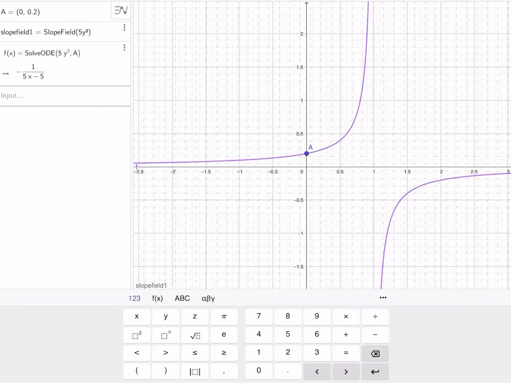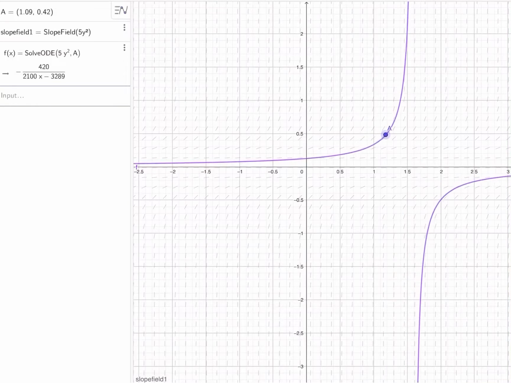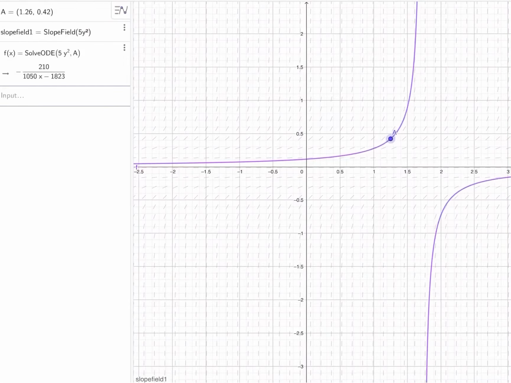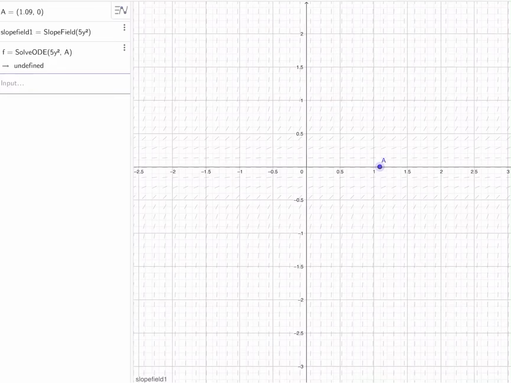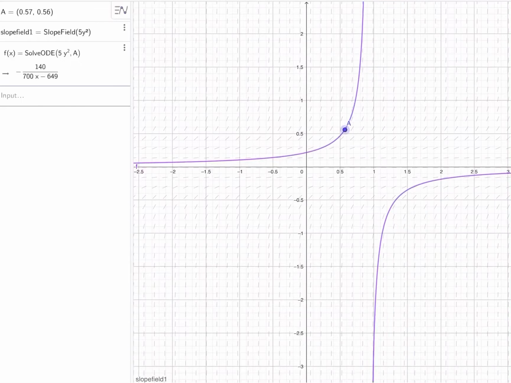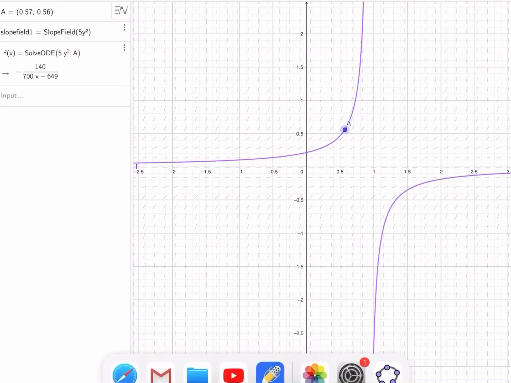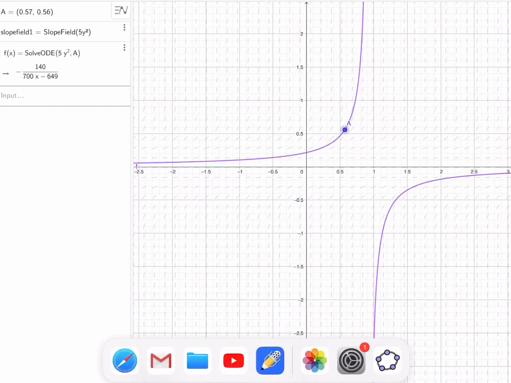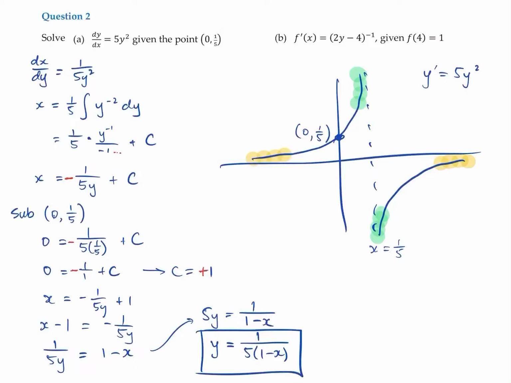If I move A around again, then the equation changes a lot, but doesn't really change its form. If you put A on the x-axis, interestingly, it says that the solution is undefined. I think that's a limitation of the software more than anything else. Okay, back to this. All right.